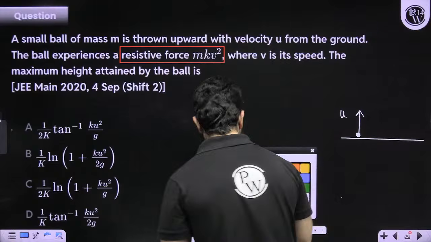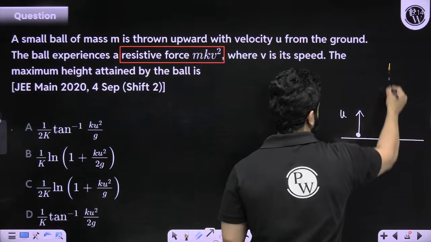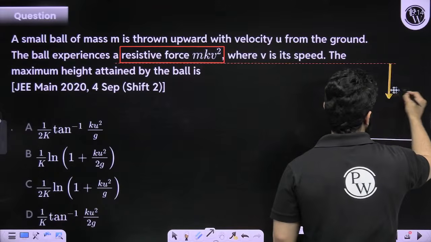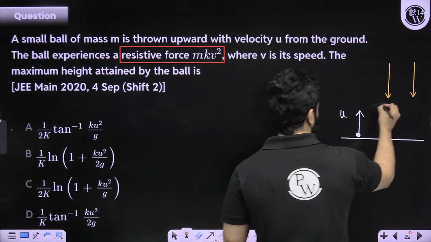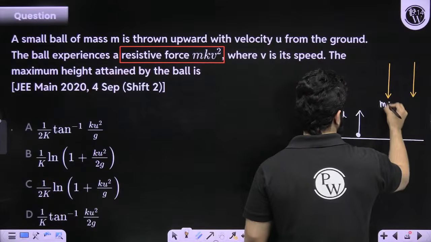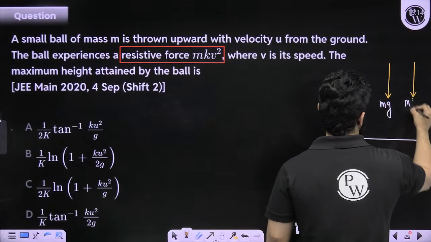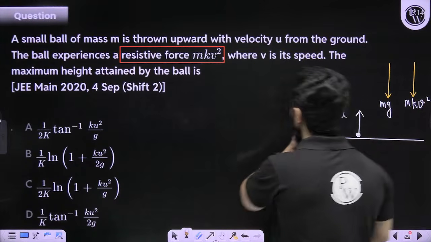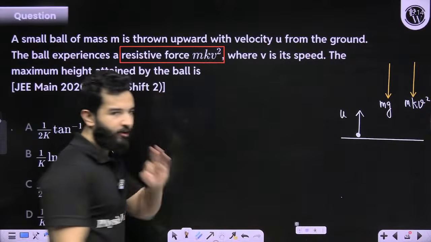We know that we have acceleration due to gravity, but along with it we have one more force. So this is mg, and now one more force, that is mkv square, where v is the speed.